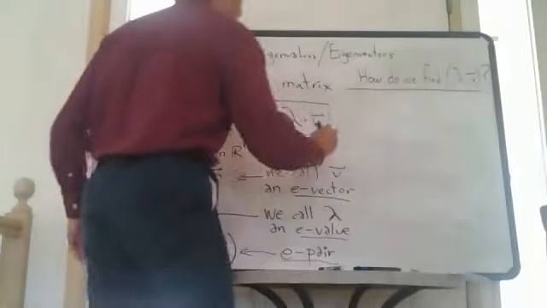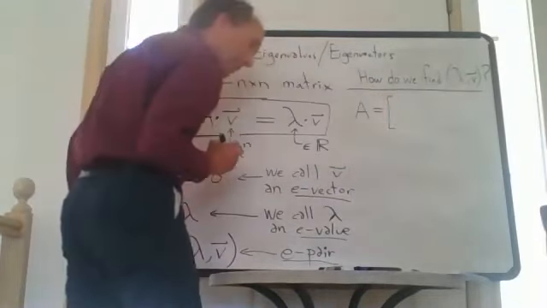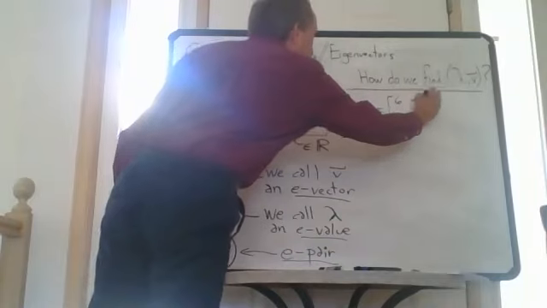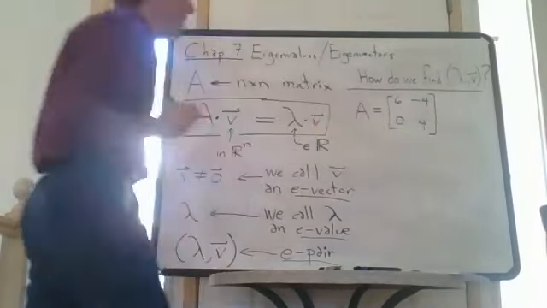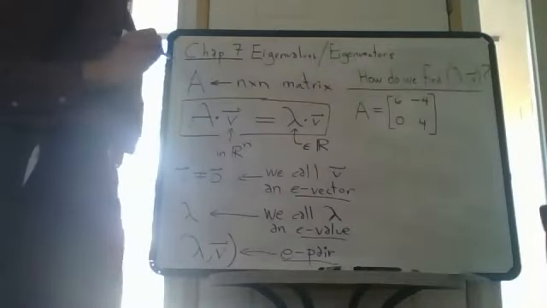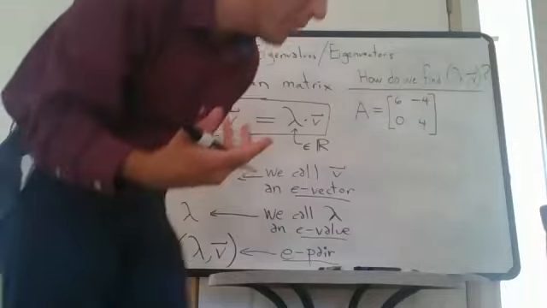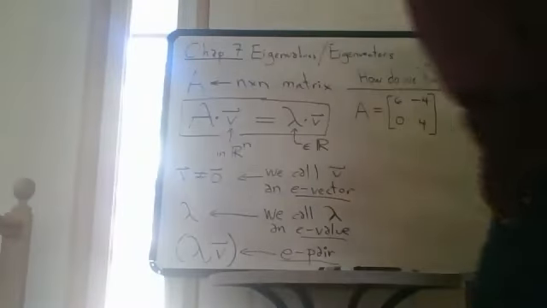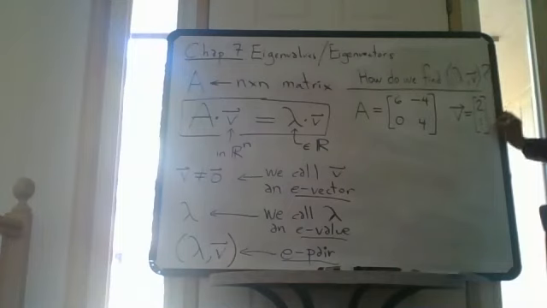Let A be the matrix with rows 6, -4 and 0, 4. And I can give you a proposed vector to look at. Let me look at the vector v equal to 2 and 1.